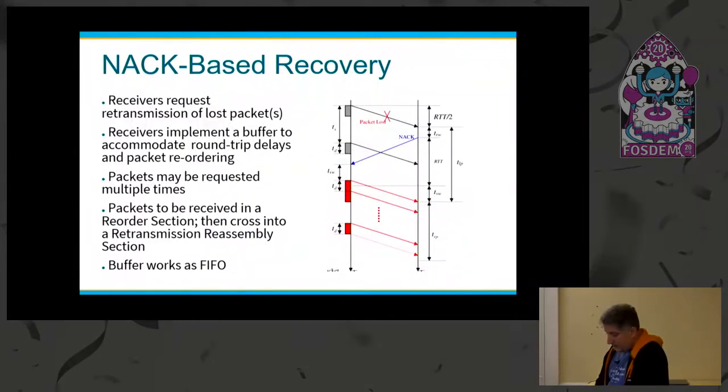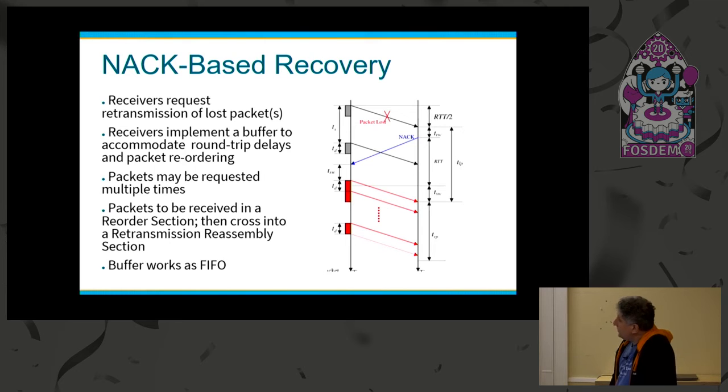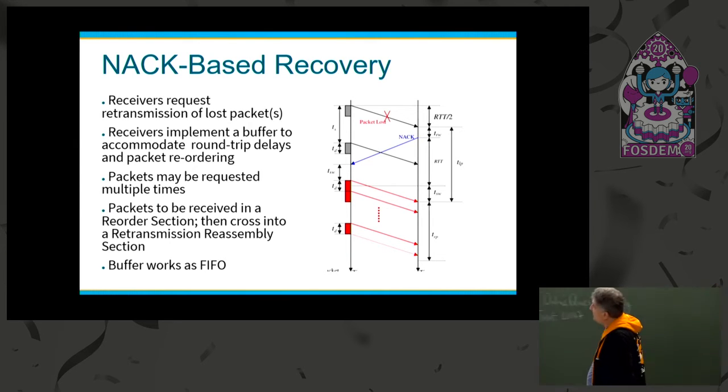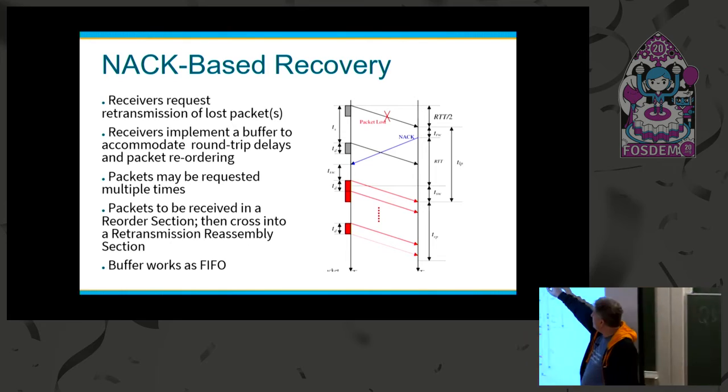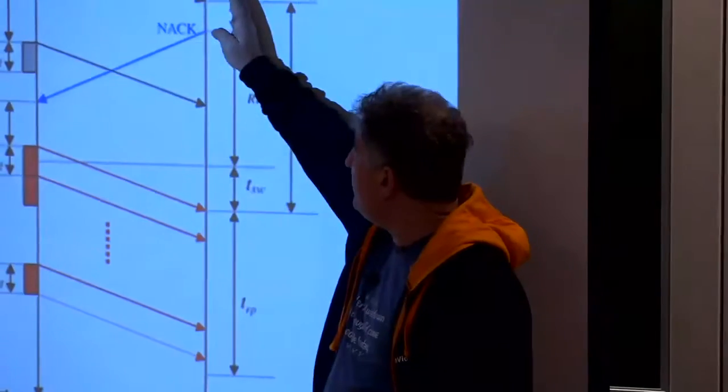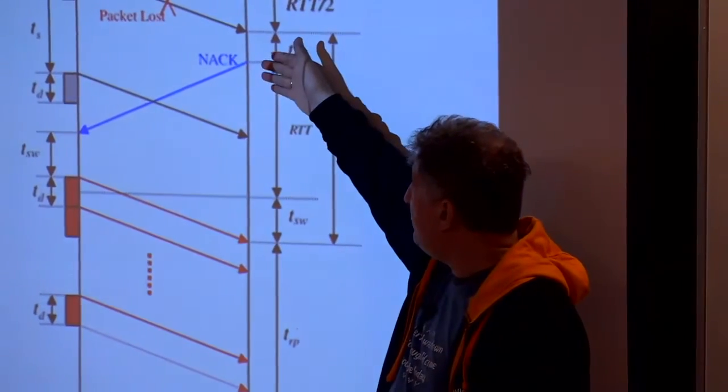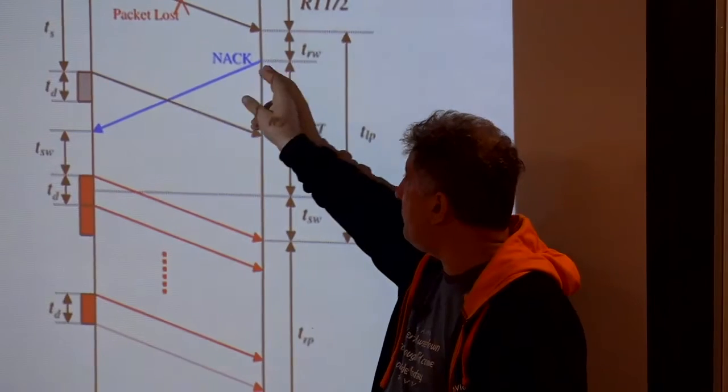All right. Here is how this NACK-based recovery works, with a little bit more detail. An important thing to consider in this diagram is that, as you can see, we have the first packet lost, not received, and the receiver side does not send the acknowledgement immediately.